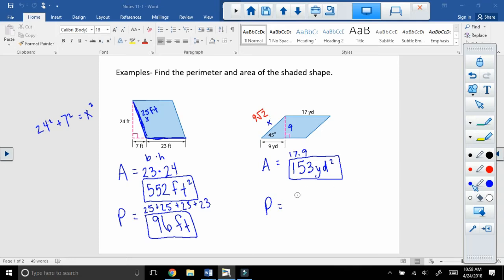Okay, so the perimeter, I'm adding 17, 17, 9 times the square root of 2 plus 9 times the square root of 2. Pick up your calculator and make sure you know how to type this into your calculator correctly. What'd you guys get?